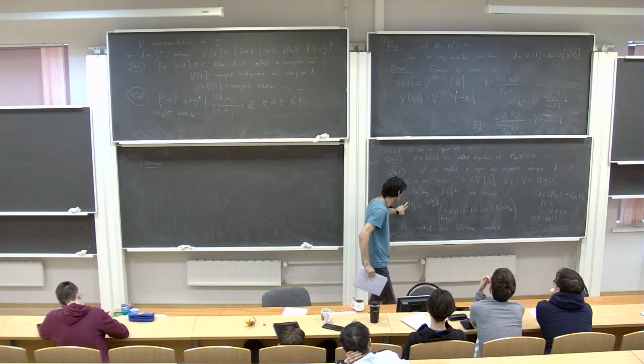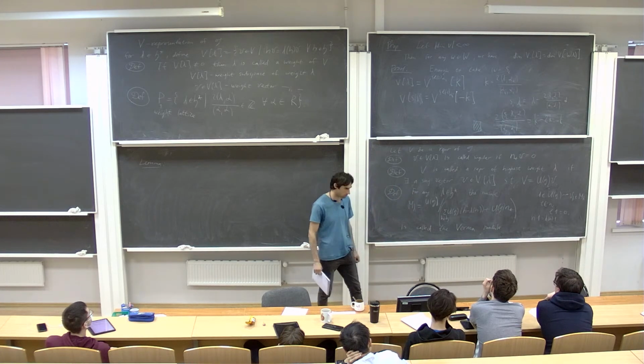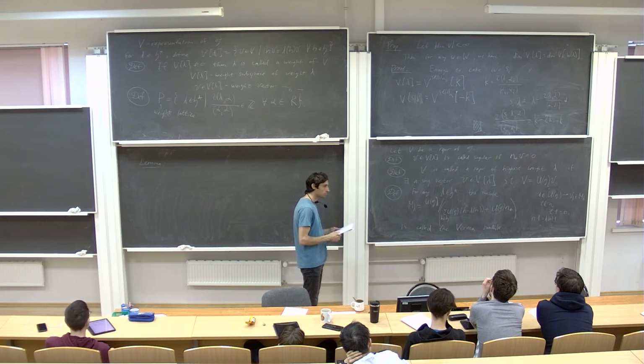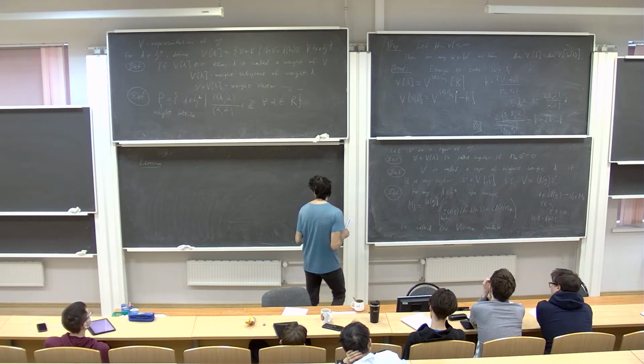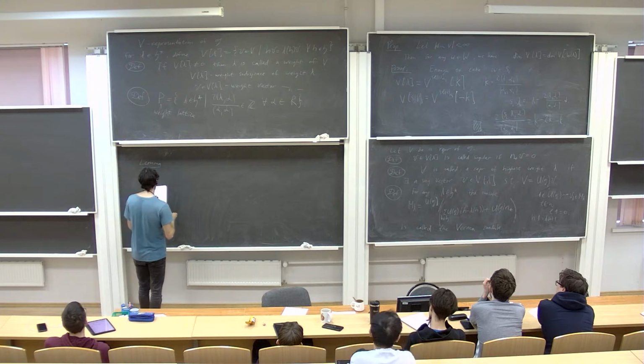We would like this to be a U of G module, so we can take the quotient by the left ideal. Now, I'm not claiming that this is an algebra. Okay, so the lemma is this.